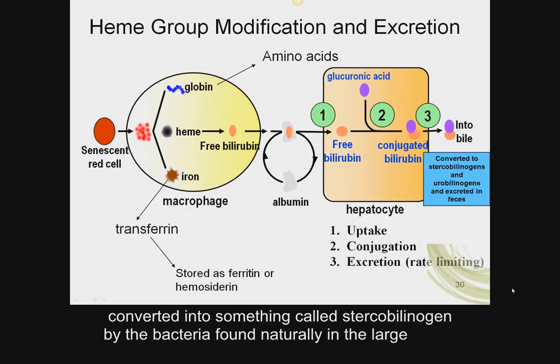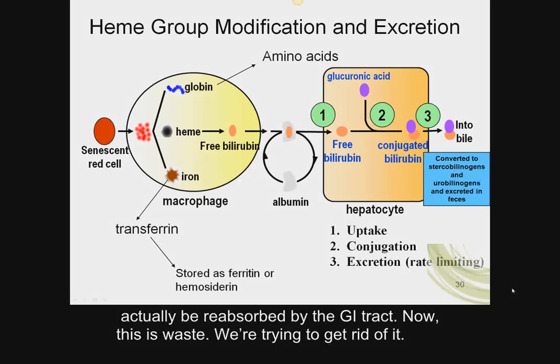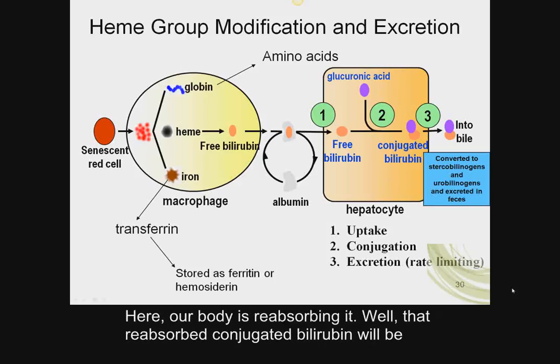The conjugated bilirubin that stays in the intestine will be converted into something called stercobilinogen by bacteria that are found normally in your gut. Some of the conjugated bilirubin, because it is so water friendly, will actually be reabsorbed by the GI tract. Now, this is supposed to be waste. We're trying to get rid of it.